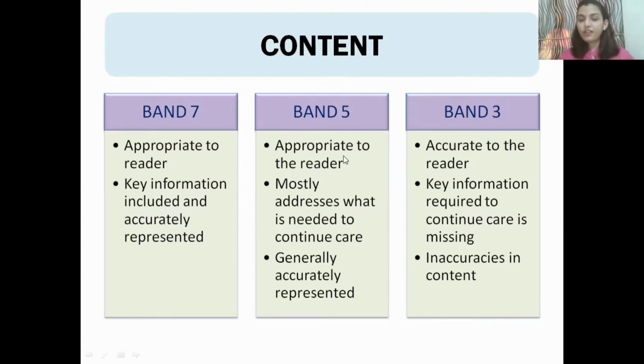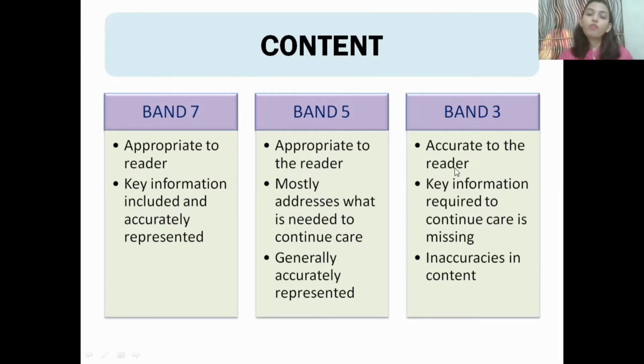In band 5, that is grade B, the content is appropriate to the reader, mostly addresses what is needed to continue care and is generally accurately represented. That means if you are skipping 1 or 2 pieces of information which are not directly relevant to the reader, you can still score B. Band 3, that is C, says the information which you have selected is accurate to the reader, but key information required to continue care is missing and there are inaccuracies in content.